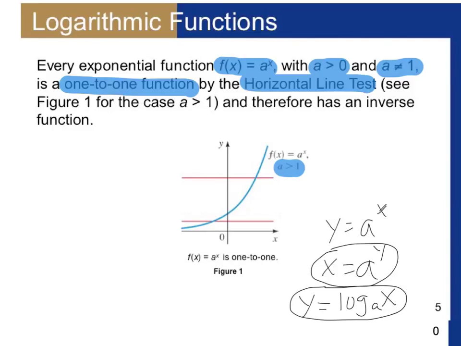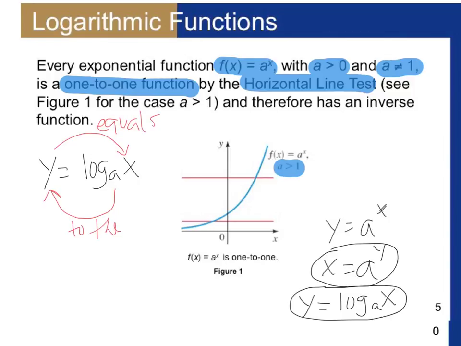Let me write that in red so I have some room to show that. So we have a to the y equals x. That's how we can translate it into exponential form.